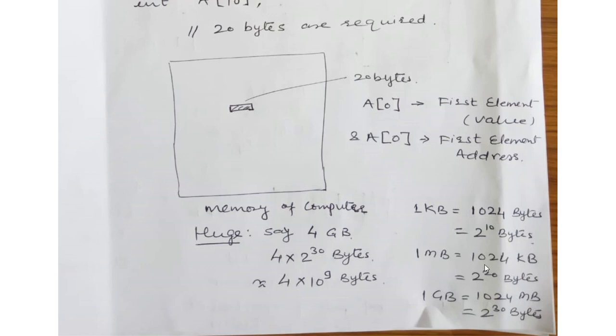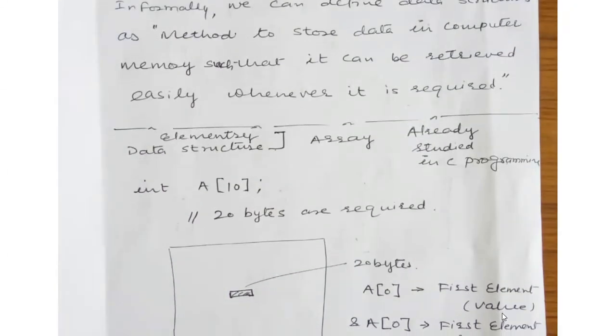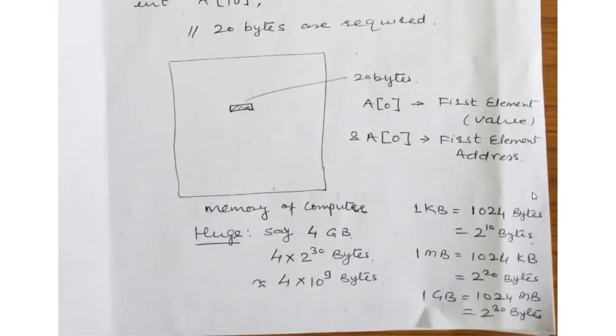Similarly, 1 MB is 1024 KB, that becomes 2 to the power 20 bytes, approximately 1000 kilobytes. 1 GB is 1024 MB, 2 to the power 30 bytes. So array is an elementary data structure which you have already studied.